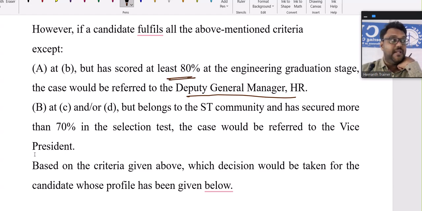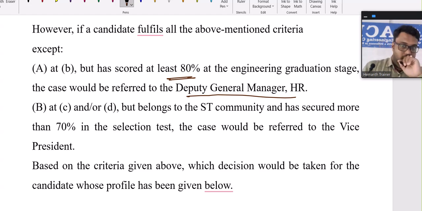The normal cutoff is 70% in engineering, but if you don't satisfy B, which is regarding age, you should not be less than 22 or more than 27. If you're not satisfying that age criteria but have 80% and above in engineering, then you are referred to the general manager and HR, and they take the decision.